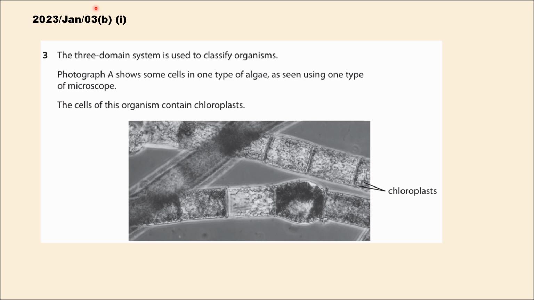The next question is from the 2023 January paper, from a recent year. So first, photograph A shows some cells in one type of algae as seen using one type of microscope. Here you can see they are focusing on chloroplast, which looks like some particles.